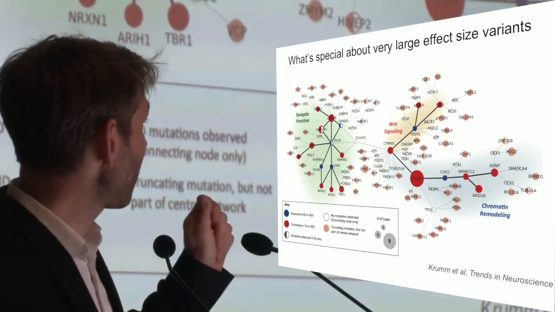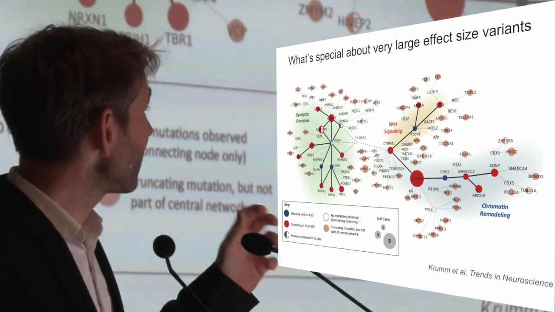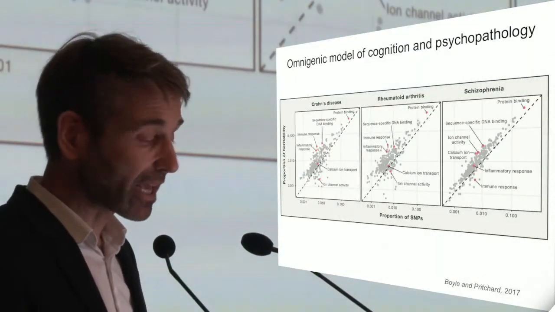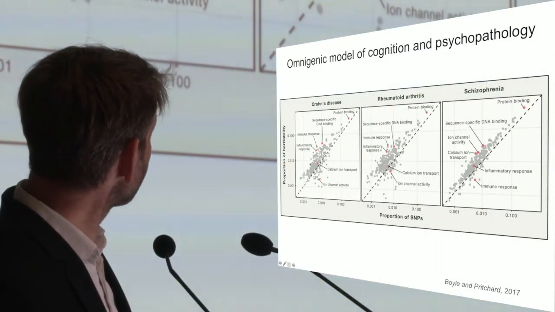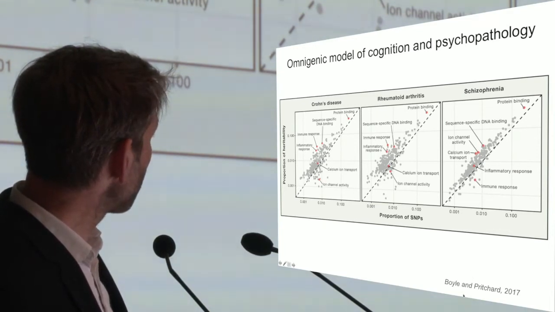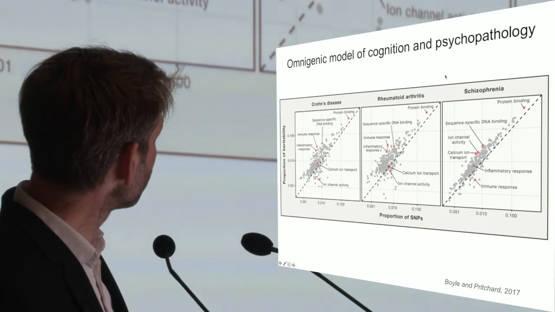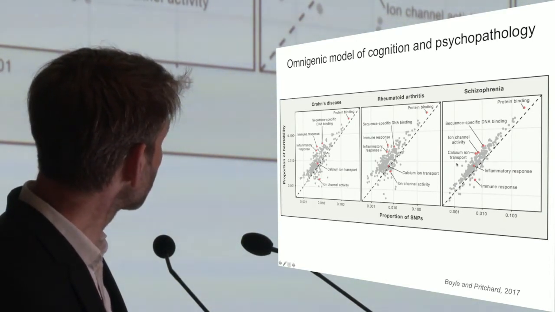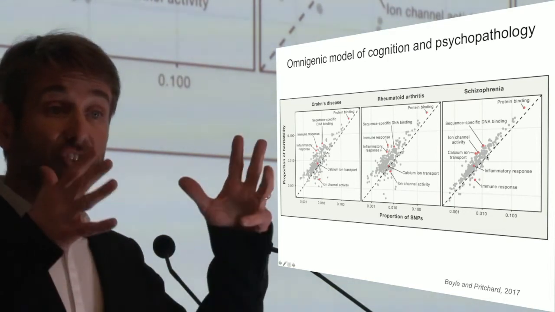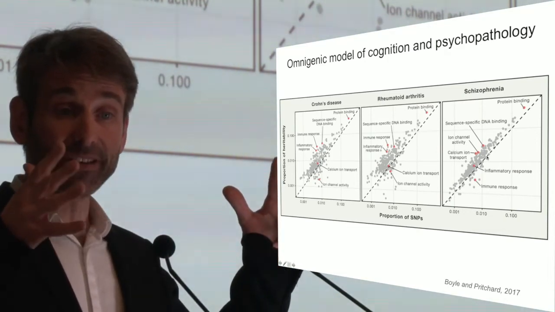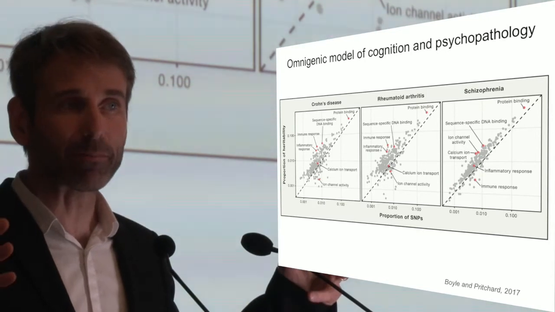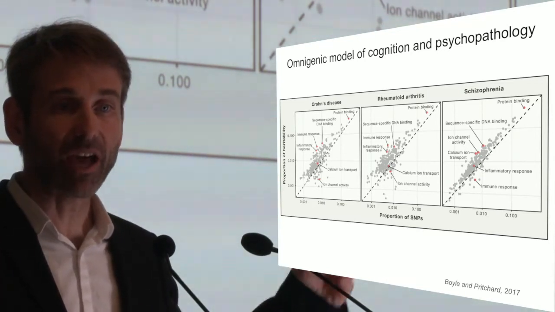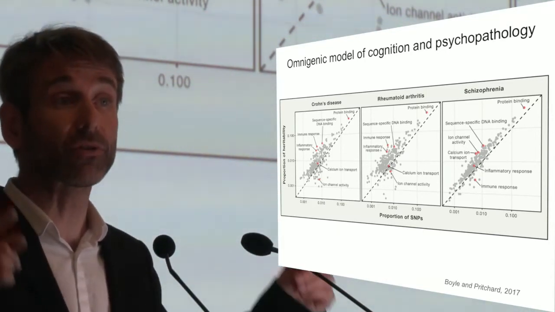And I think these chromatin remodeling genes, or even, for example, Fragile X, which is also a master regulator, are good hints at the fact that what we're really studying is a whole system. And if you look at this paper by Boyle and Pritchard that came out 2 years ago on the omnigenic effect of complex disease, what he shows is that, for example, if you look at schizophrenia, as the GWAS studies increase, every SNP will be associated with schizophrenia.